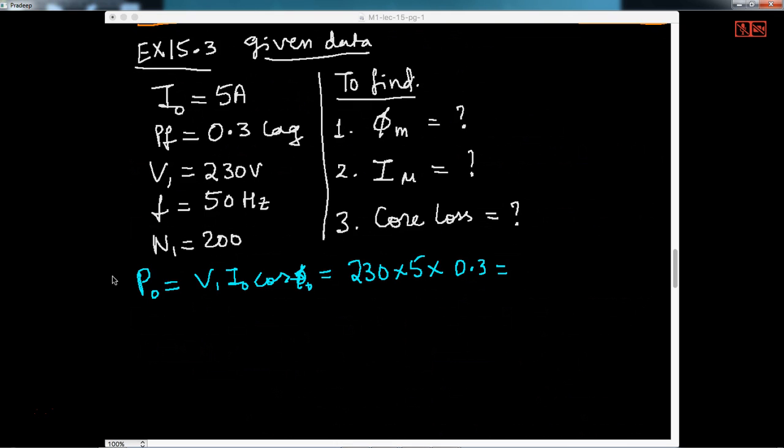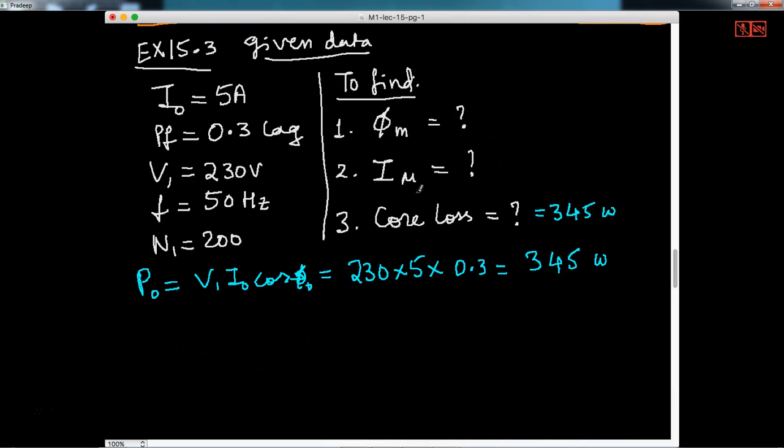So 230 multiplied by 5 amperes multiplied by 0.3 gives me a core loss of 345 watts. This is the answer for the last one.